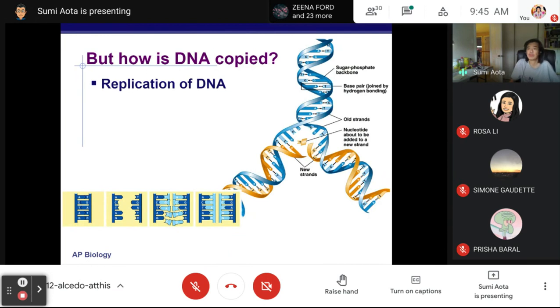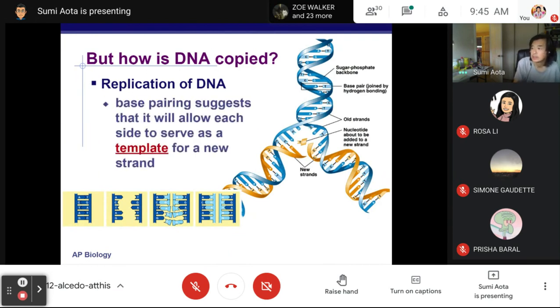Okay, so the replication of DNA, base pairing, right? A pairs with T and G pairs with C, says that each side can act as a template. So each can guide the new side that's being made. If you look here, the blue strand is the old strand, and it dictates what's going to go in as the new strand, which are the gold ones.